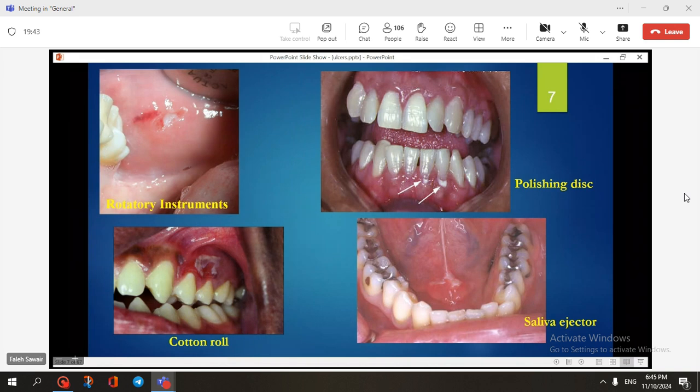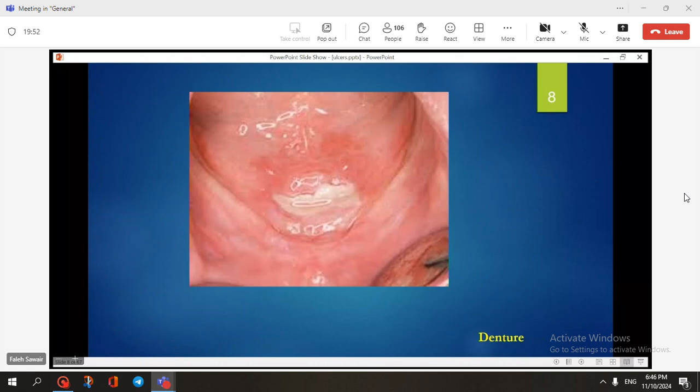Sometimes the saliva ejector can also stick to the floor of the mouth, to the soft tissue. It can sometimes cause oral ulceration during removal. Sometimes ulcers are caused by dentures, as you can see here for this patient. In an edentulous patient, particularly with the lower denture, because of resorption with time of the alveolar ridge of the bone, the flanges of the denture will be overextended, and they will gradually cause trauma to the depth of the sulcus.